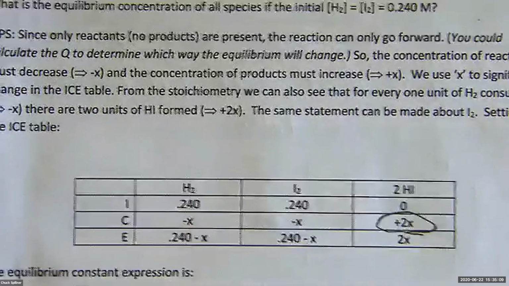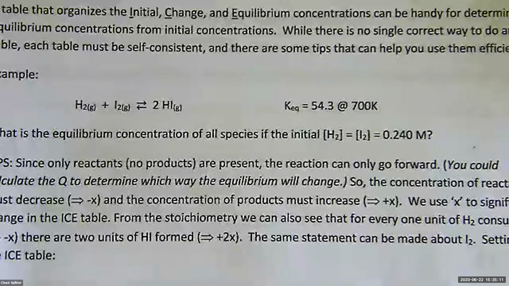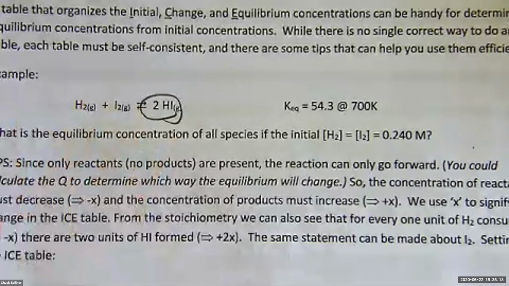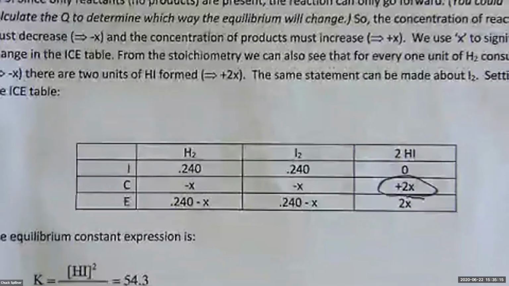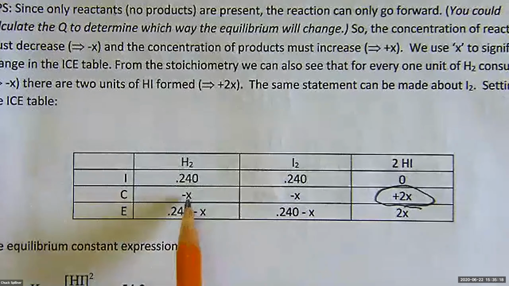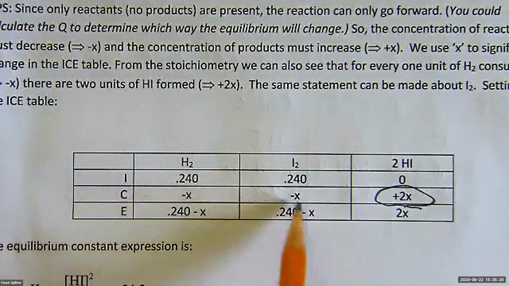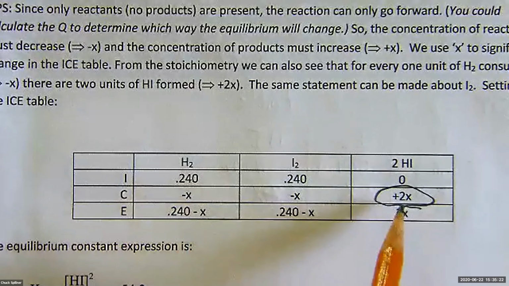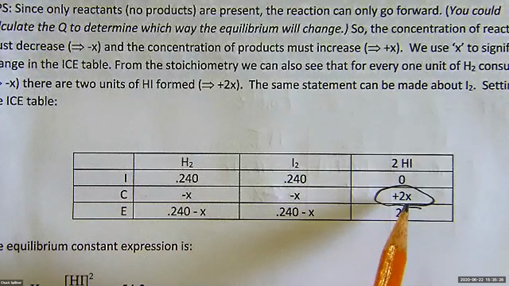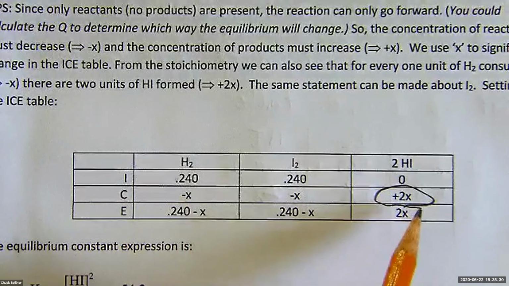This is because of the stoichiometry. If we look back at the top, we form 2HI. So when you make your ICE table, we're going to lose X moles from H2 and I2, but we're going to produce 2X moles of HI. So that's really an important point.